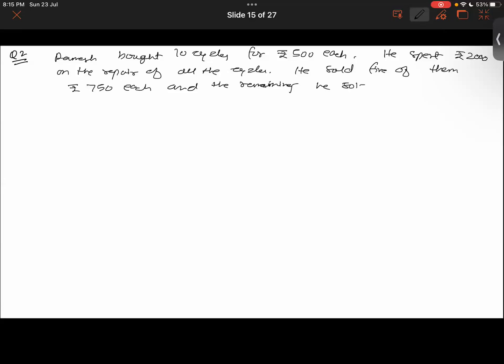Yes, sir. Now, what is the total gain or loss? We don't know yet whether he incurred loss or gain here, so I'm giving you both options. What is the total gain or loss percent?